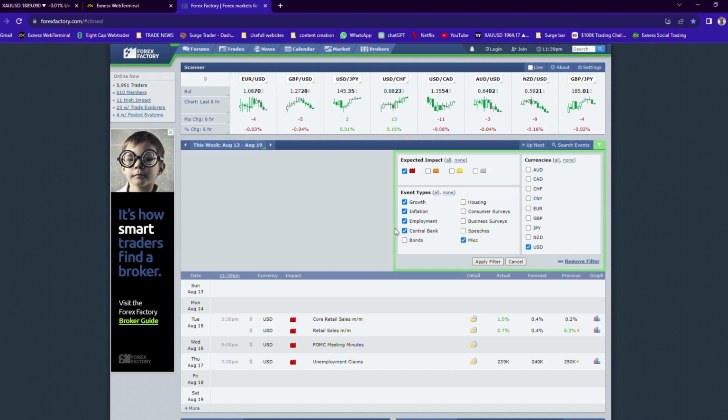And lastly, you will be looking at the central bank's decision, which is the federal funds rate for USD and the cash rate for AUD and NZD. So that is how you look at the bank's decision and all the other economic data releases and put them together to make a clear and informed decision of where the market is going in the long run.